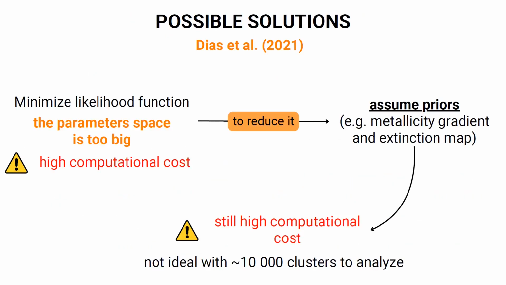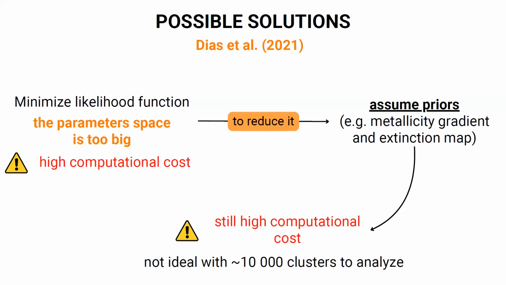So, possible solutions. This one has been proposed by Diaz and collaborators in 2021. What you call the classical method is to minimize a likelihood function. So you are fitting an isochrone, finding the best-fit parameters, and you say that these ones are your estimates. The problem is that in these problems, the parameter space is too big and the computational cost is too high.